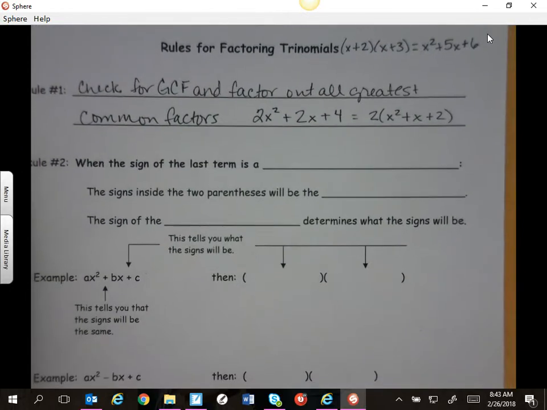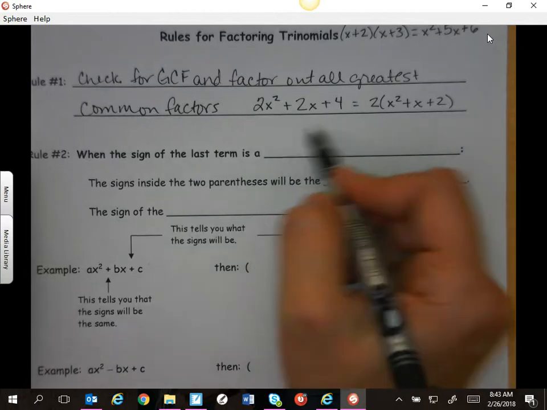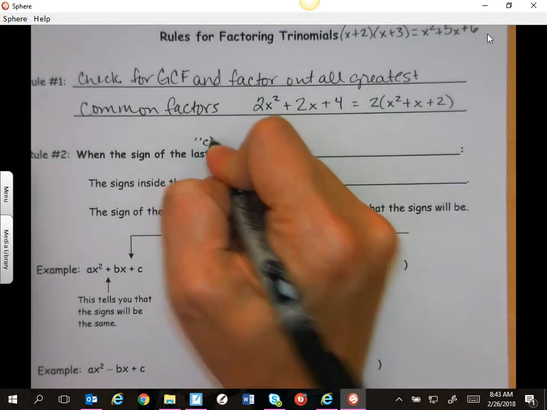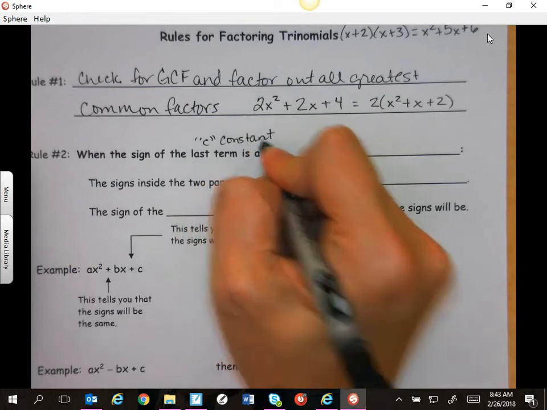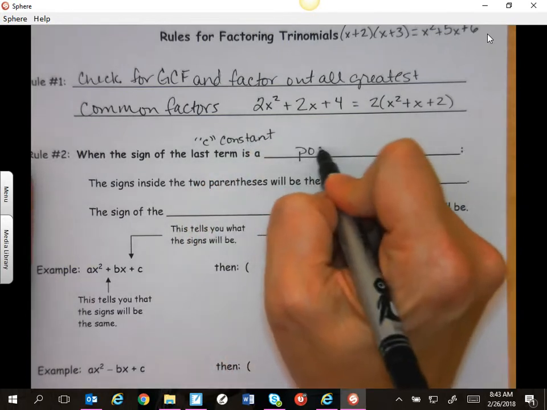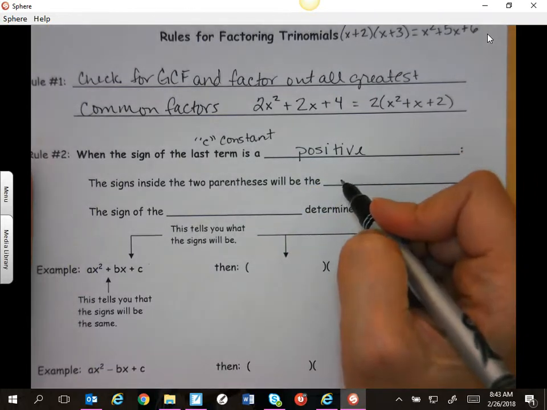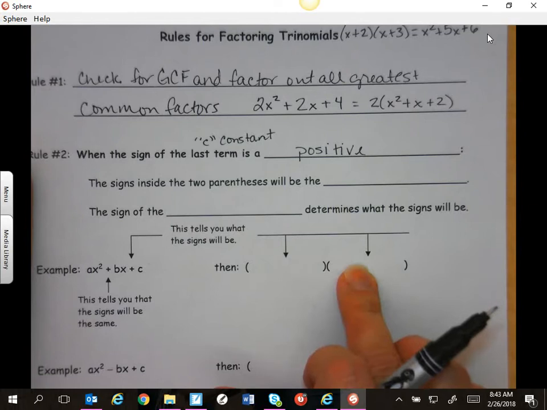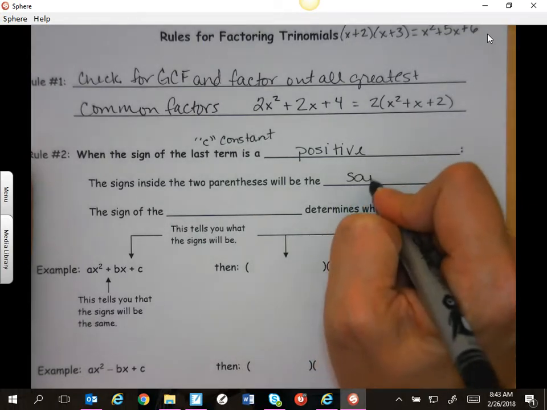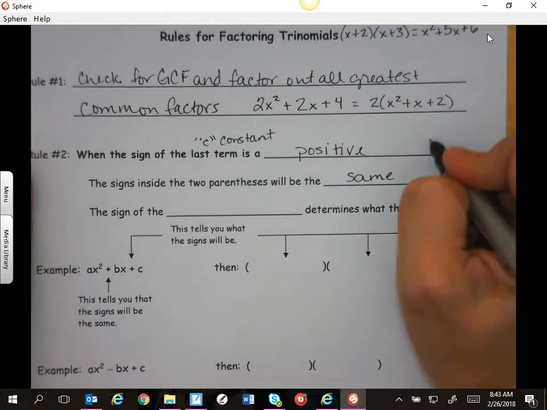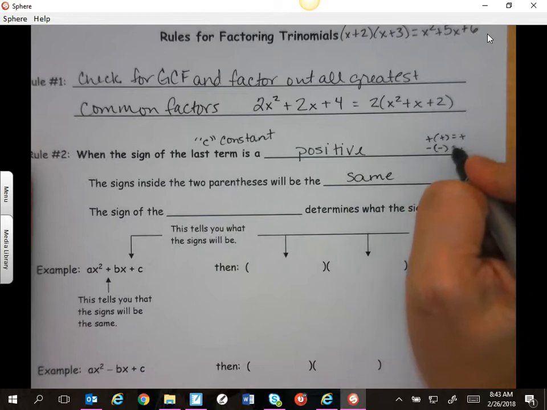The second thing you need to pay attention to are the signs. If the sign of the last term, the term we call c, our constant, which does not have a variable, is positive, then that tells you that the sign inside both of your parentheses will be the same, because a positive times a positive is a positive, but a negative times a negative is also a positive.